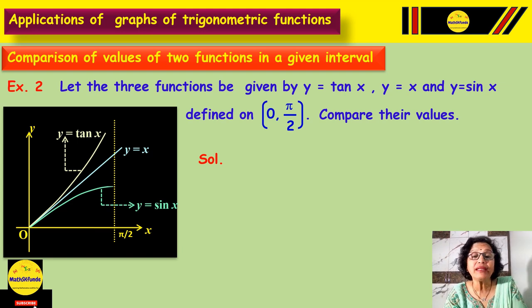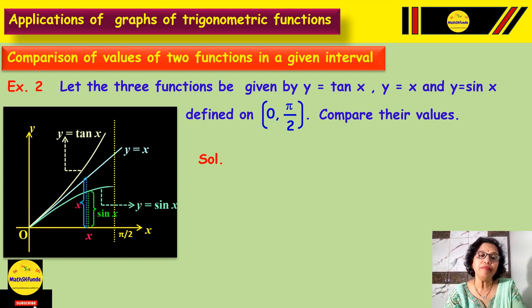Now we have to compare them in 0 to pi by 2. So I take some x somewhere between 0 and pi by 2, and a similar idea we will be using: I draw the green dotted line which comes from the graph of y equal to sin x. The length of the green dotted line is nothing but sin x.